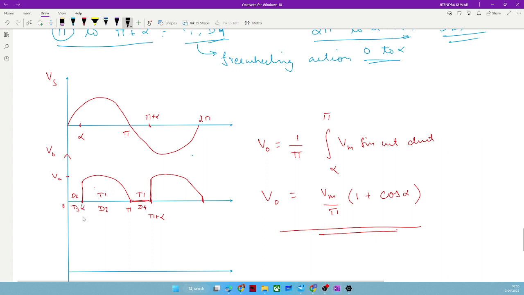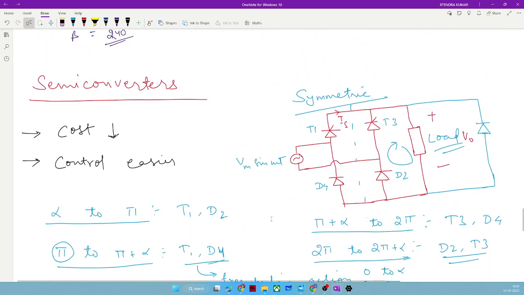So this is the waveform of IS. It will be zero. But whenever the switches are conducting, connecting source to load, for those periods, like from alpha to pi, since T1 and D2 are conducting, IS is flowing in that manner, right?